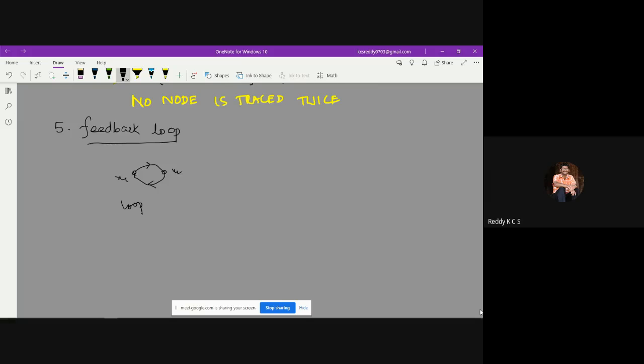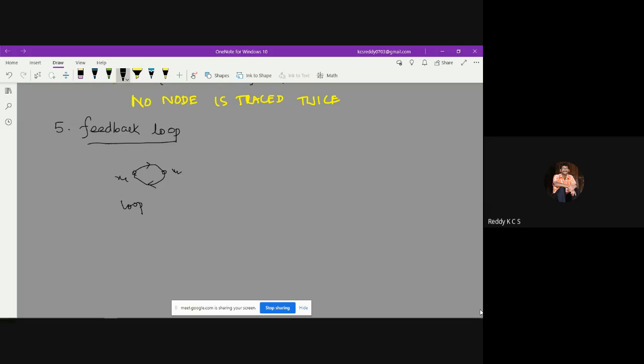So a path which originates from a particular node and terminates at the same node, x1, is called a loop.